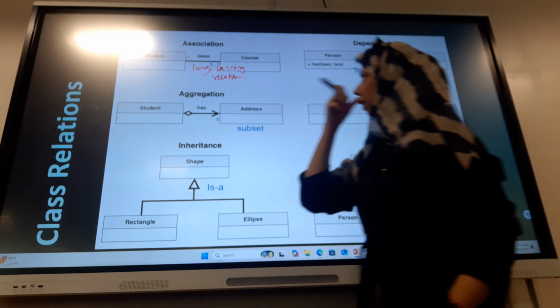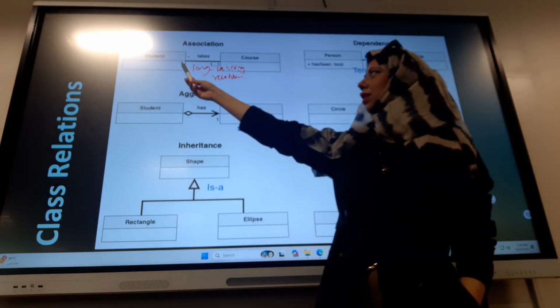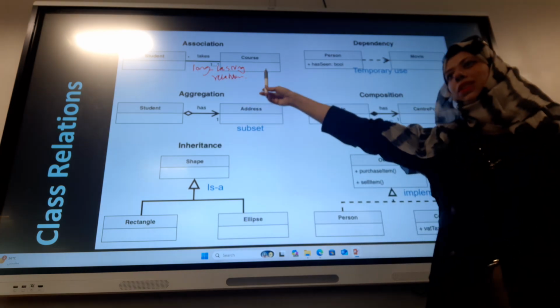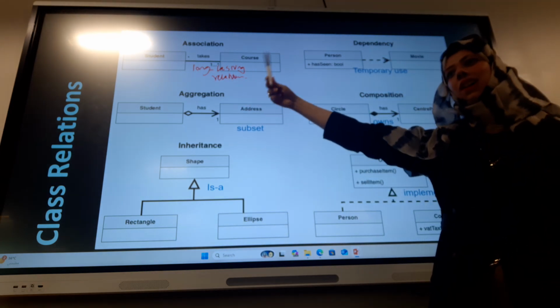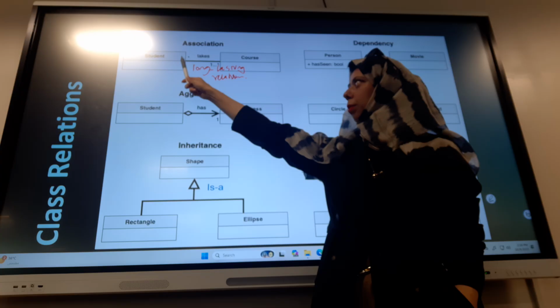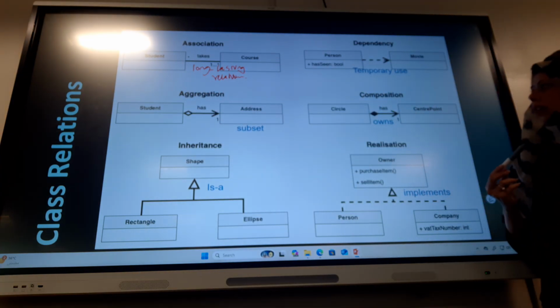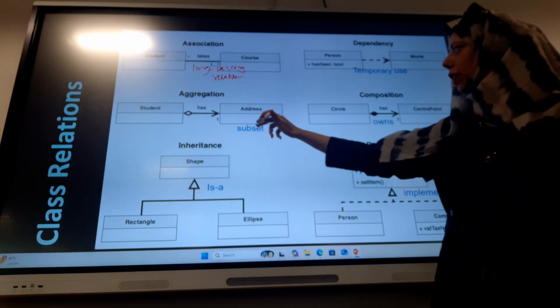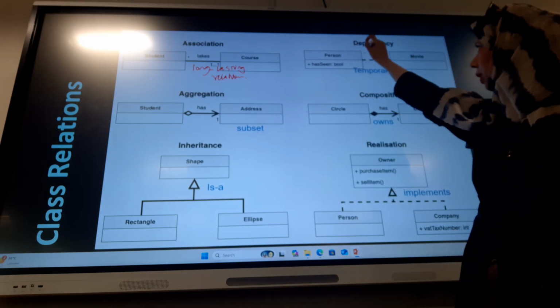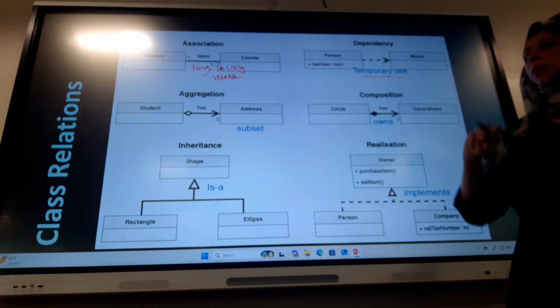Yes? So it means the student is taking the course. Even if that course finished, you're still taking another course. So this relation in general between the two classes will be long-lasting. All right. Now here, dependency, we discussed the temporary use of something, right?